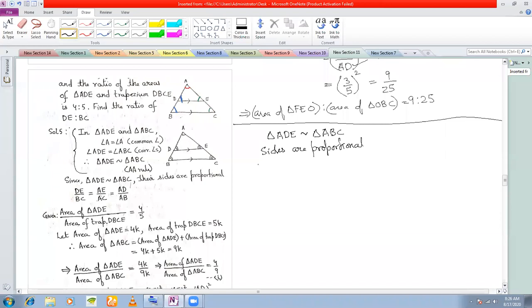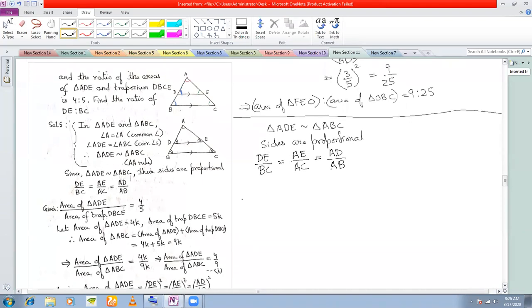Opposite to the red angle, the common angle, you have DE by BC, is equal to, opposite to the blue angle, AE by AC, and opposite to the green angle, AD by AB. These are the proportional sides.